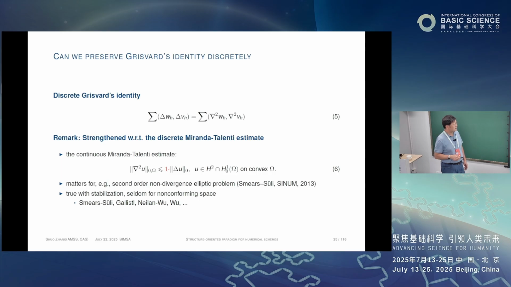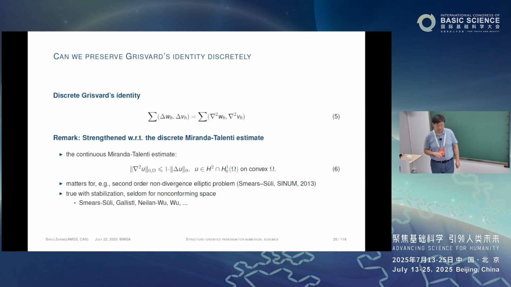If this identity is true, then this is a stronger result than the Miranda-Talenti estimate, which says that Hessian u can be bounded by Laplacian u. This identity means not only bounded but also equal.